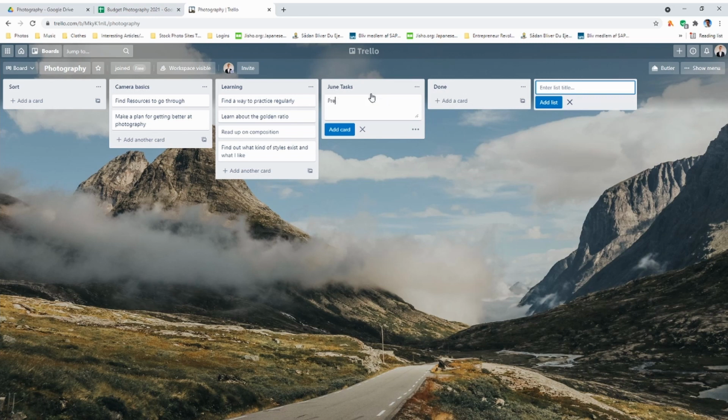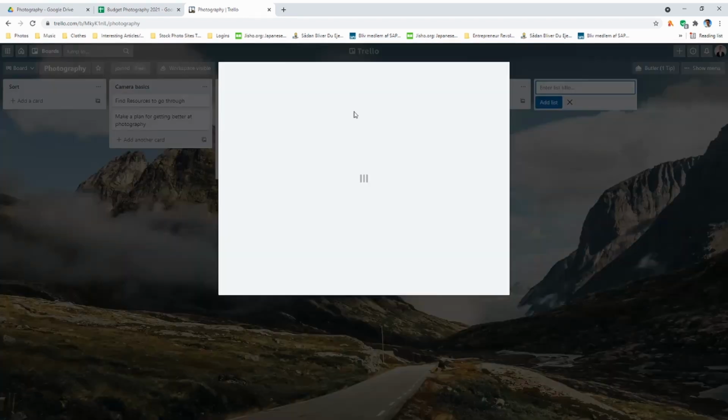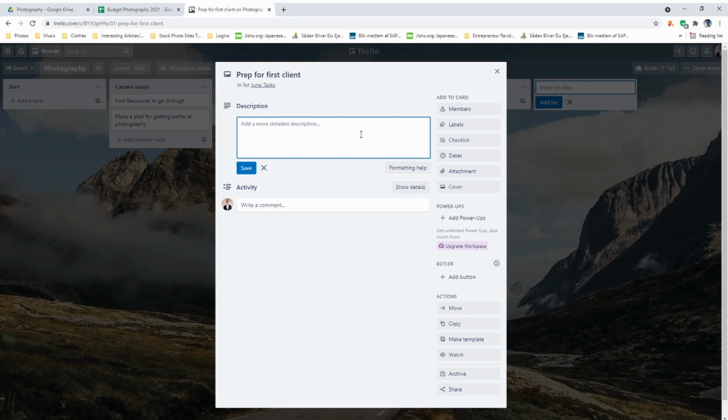Basically, for June, we need to prep for first customer. Let's call it client. It's a lot more professional. What this means is we need to sort out payment and legal aspects.